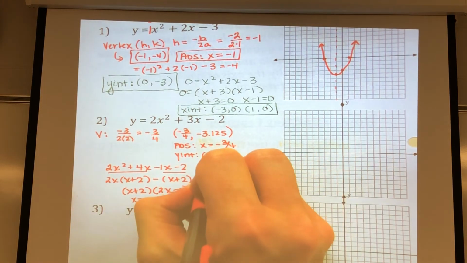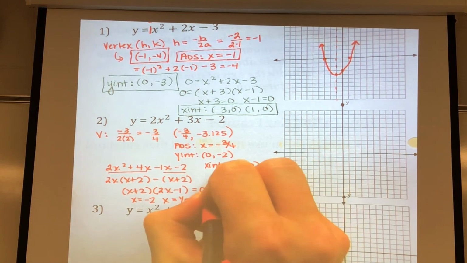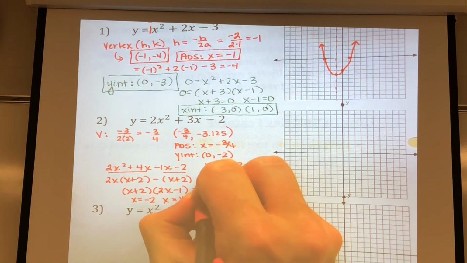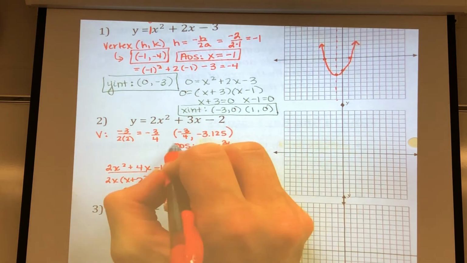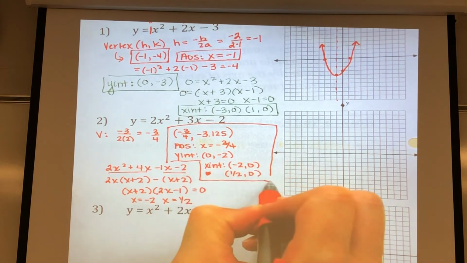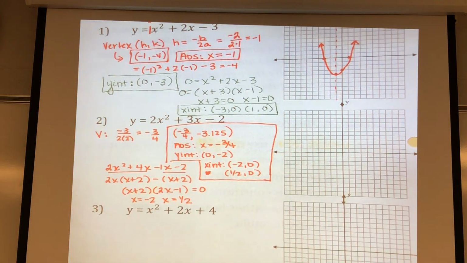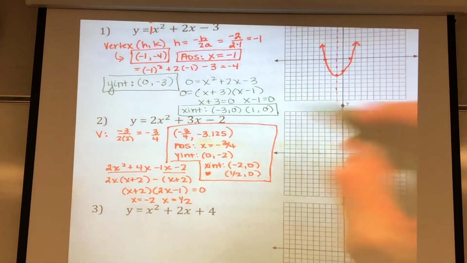So our 2 x-intercepts are -2, 0, and 1/2, 0. So this is all of the information we needed to find before we could graph it, and then you could go to the graph and put that information on there. Now when you're graphing decimals, you just have to do the best you can.